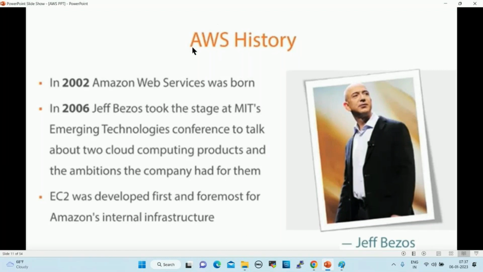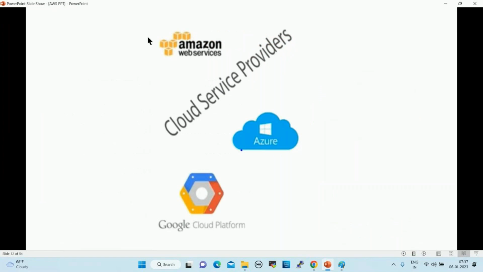AWS was the first platform they implemented, and using this blueprint everyone prepared their platforms. The popular cloud platforms are Amazon Web Services, Microsoft Azure and Google Cloud Platform. AWS occupied 33% of the market share, the topmost leader.